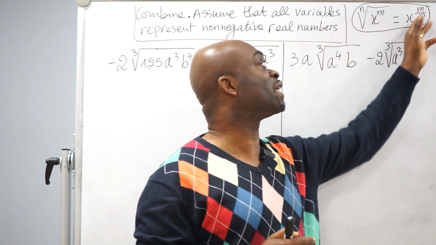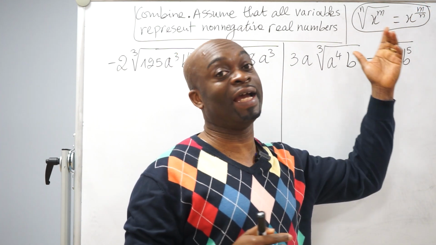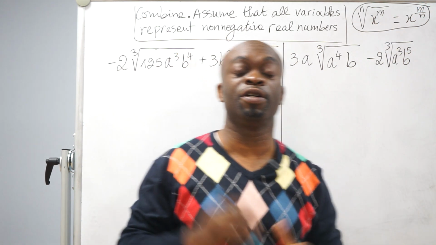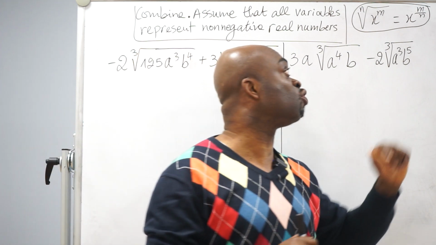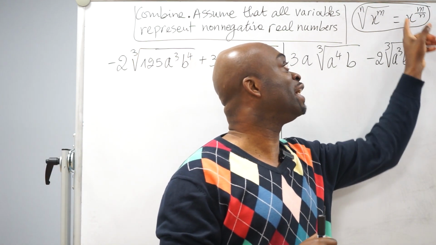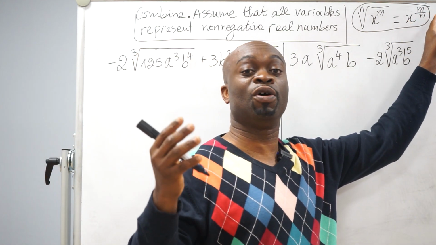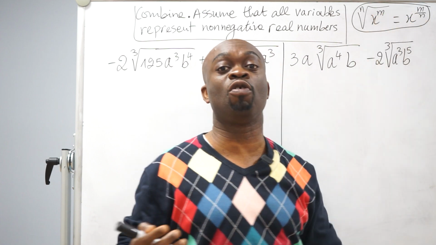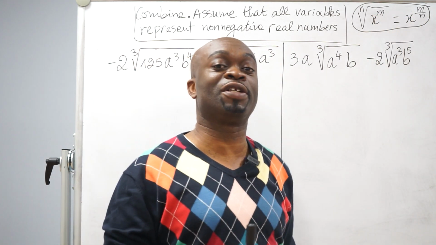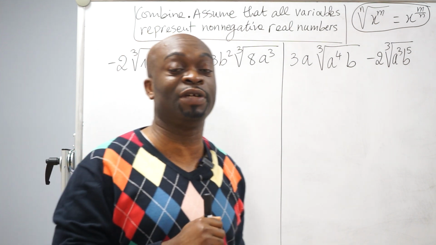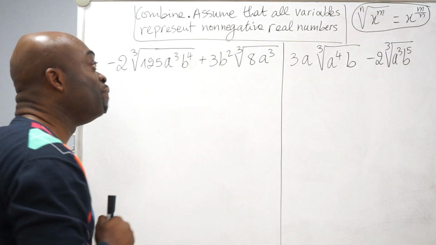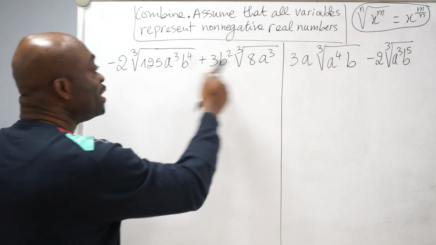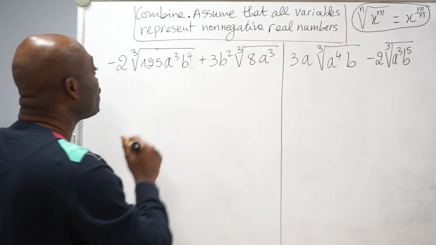So you can always interchange the two of them. If you were given a variable with a fractional power, you can always change it into a radical format. We're going to see some of these problems in different videos, but it's really interesting to know that, so it can help us here, okay?